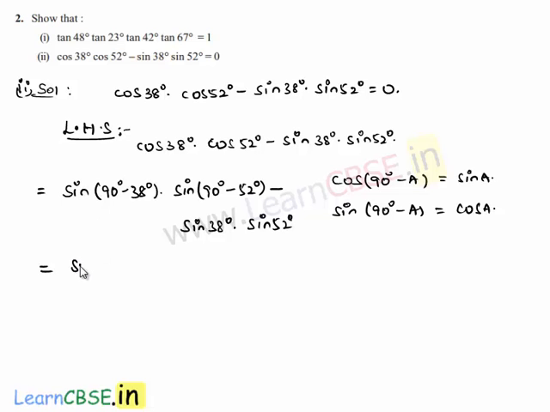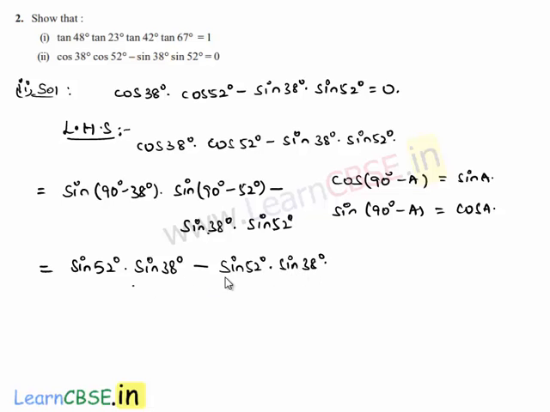which is equal to sine of 90 degrees minus 38 degrees, which is nothing but sine 52 degrees, into sine of 90 degrees minus 52 degrees, which is nothing but sine 38 degrees, minus sine 38 degrees into sine 52 degrees, which can be written as sine 52 degrees into sine 38 degrees.